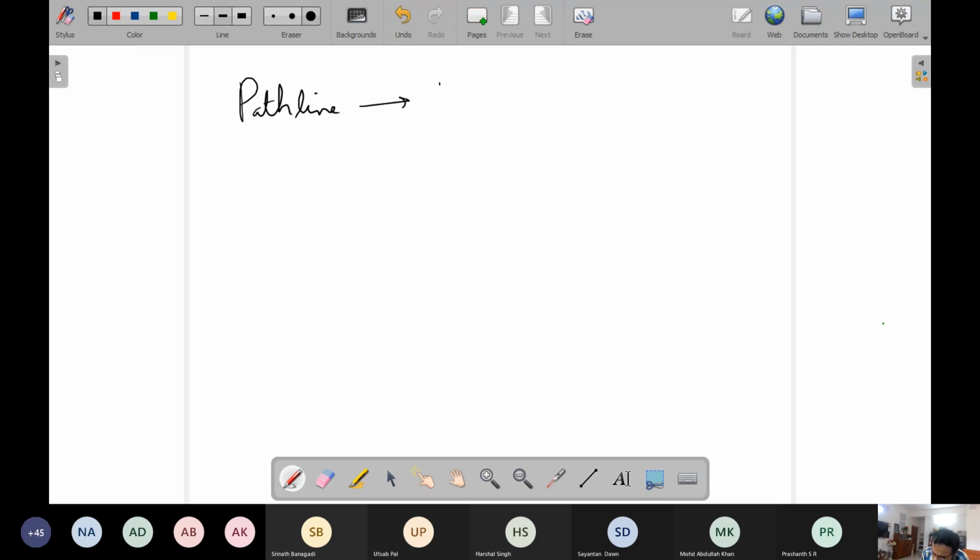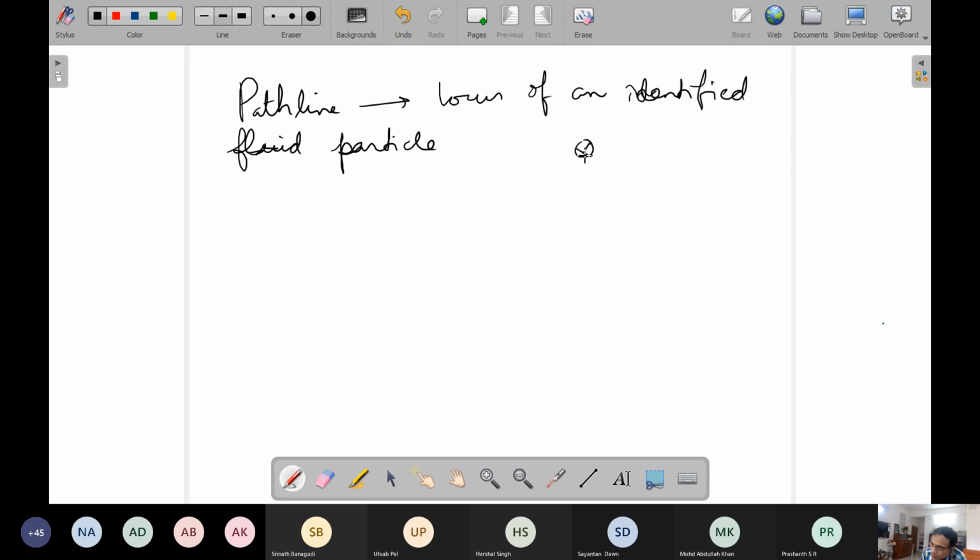This is the locus of an identified fluid particle. So you have a fluid particle which is identified at, say, time equal to 0 wherever in the flow field. So you are just tracking it and getting its locus.